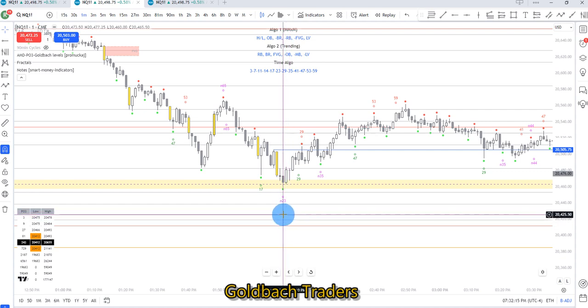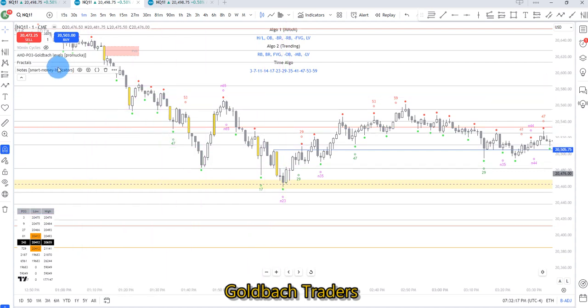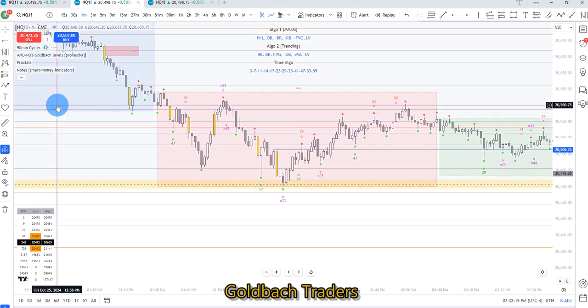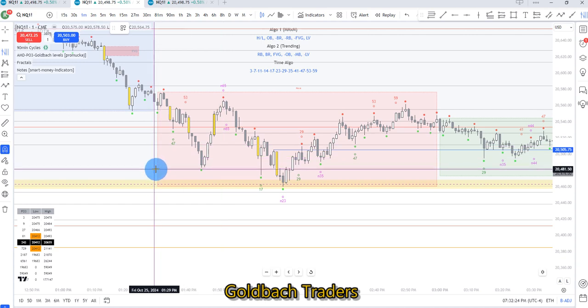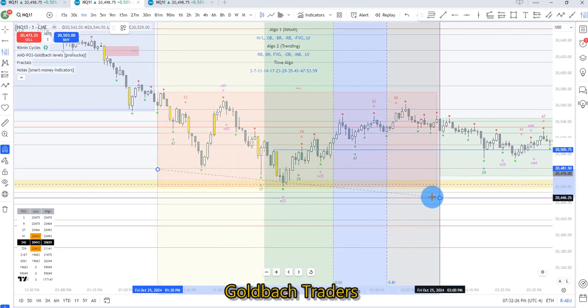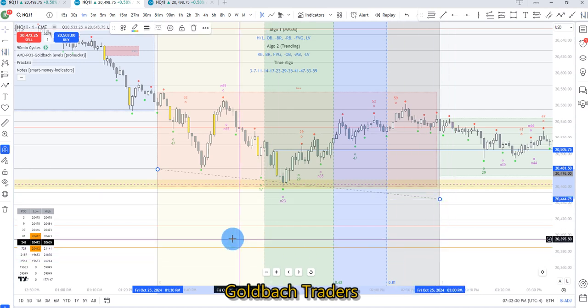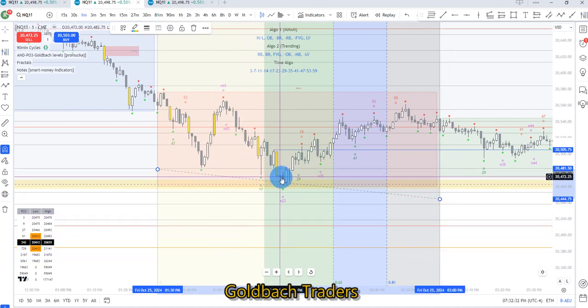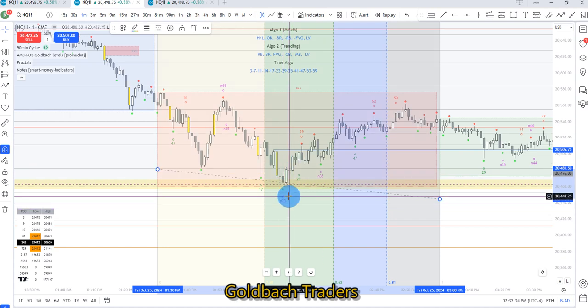But what I would do is go back and turn on the 90-minute cycles, and then put on the Fibs, and I would be paying attention to the ones that happen in the manipulation zone.